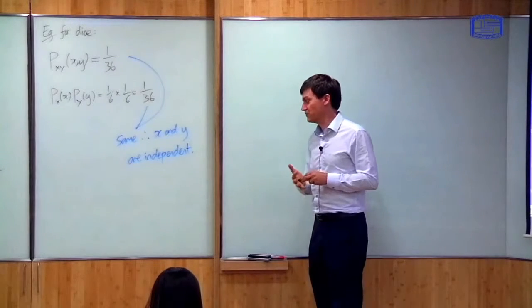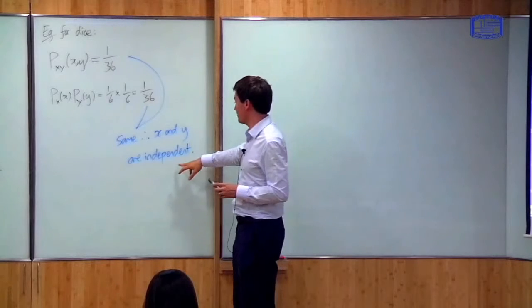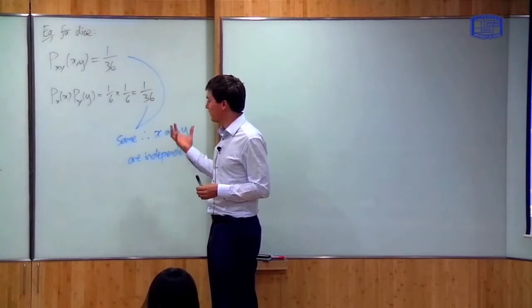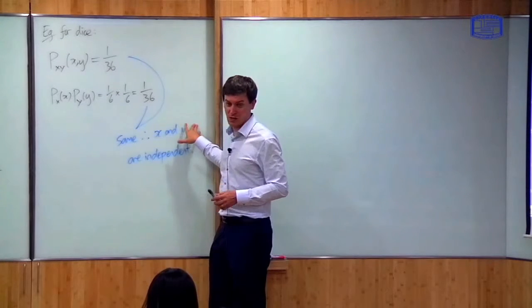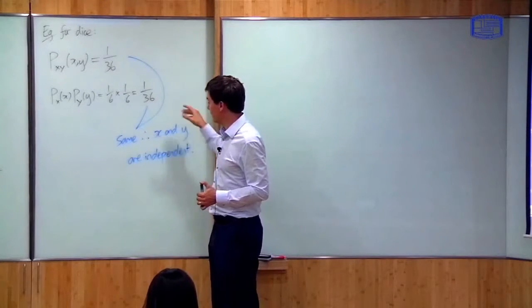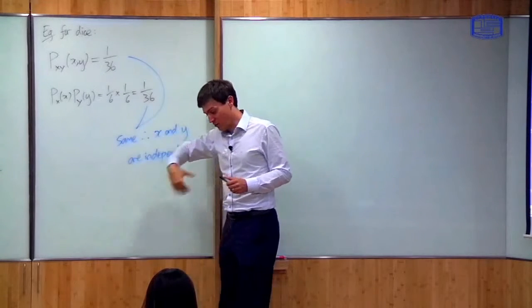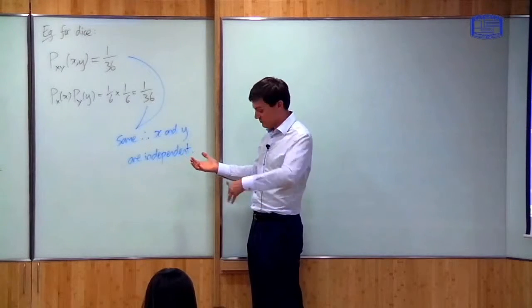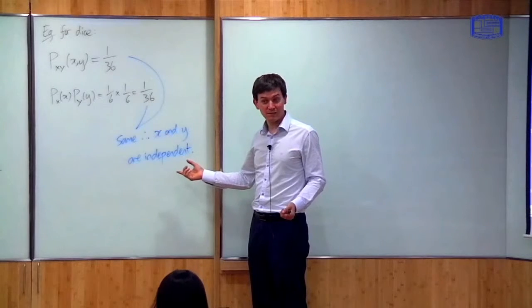So I want to give a sense of what this independence means. If you say x and y are independent, that means the result of x in no way affects the result of y. And the result of y in no way affects the result of x. So when I roll the first dice and I get a 3, let's say, the result of rolling the second dice is completely independent of that fact.